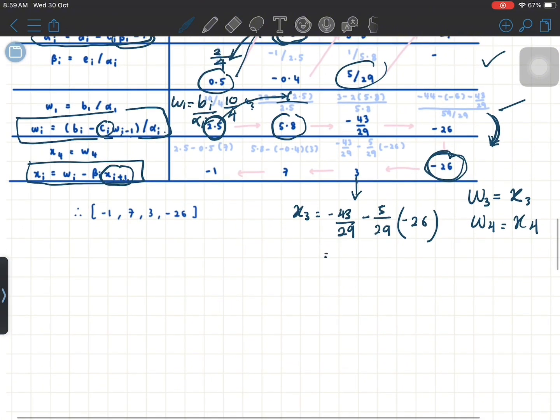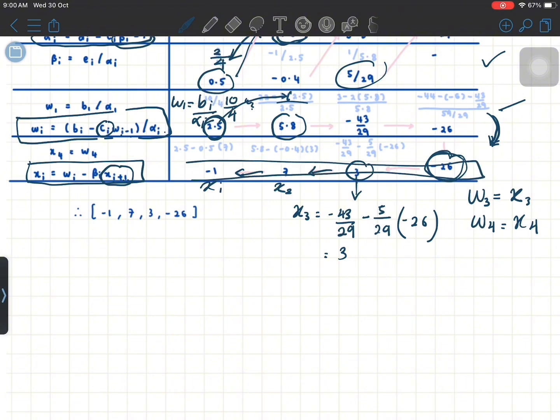So we calculate this and we get 3. Same goes to the next iteration, which is x2 and also x1. If you already get the answer, the final answer shall be like this: negative 1, 7, 3, and negative 26. Same with this one. Thank you.